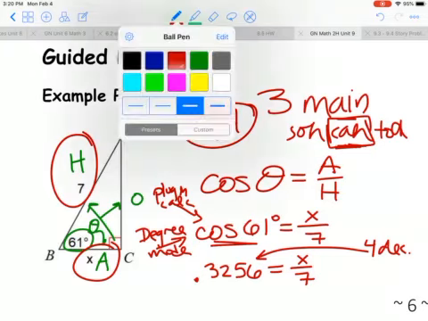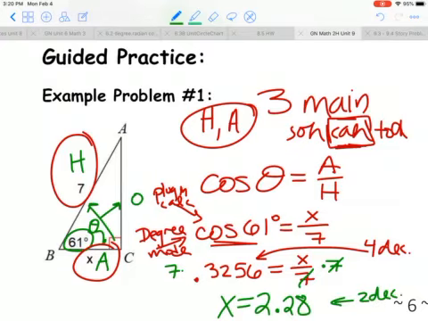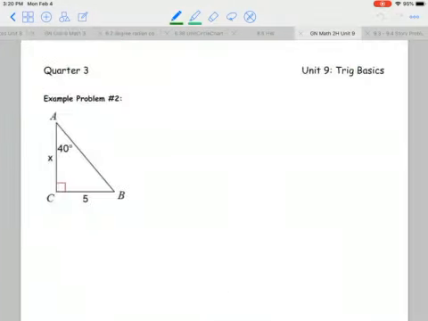And then to get rid of this fraction here, you multiply by x. And you end up getting x equals 2.28. In this one, let's take 2 decimals for our final answer. And if there are units, make sure you include those. And that's it. So let's look at the next example.